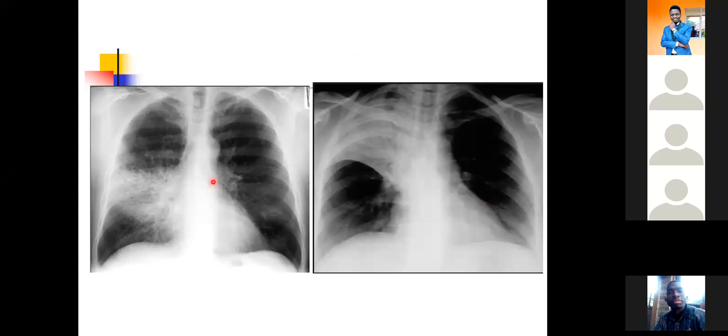So let's reflect back, or bring back the mental image of a normal chest radiograph that we talked about the last time we met. One of the key things we pointed out was that the outline of the mediastinum should look clear.